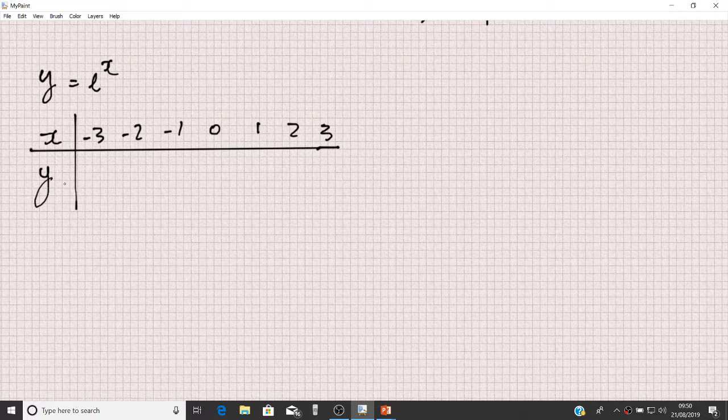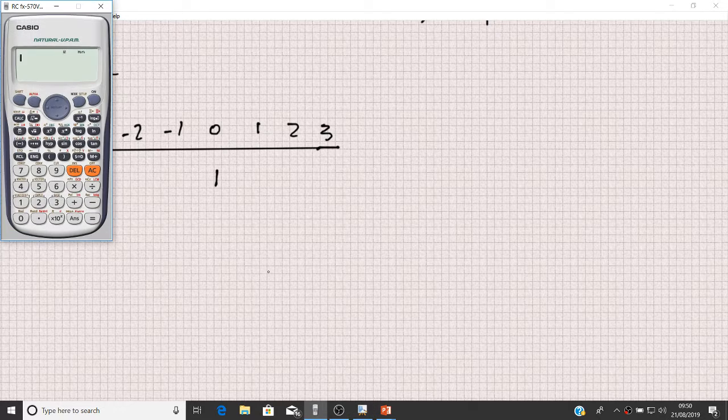So y. e to the power of 0 is 1. Let's bring up the calculator on this one. e to the power of 1 gives me 2.718.